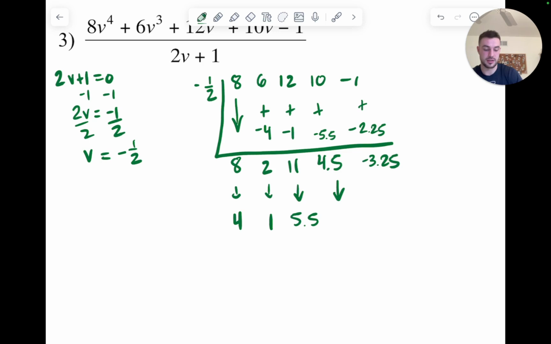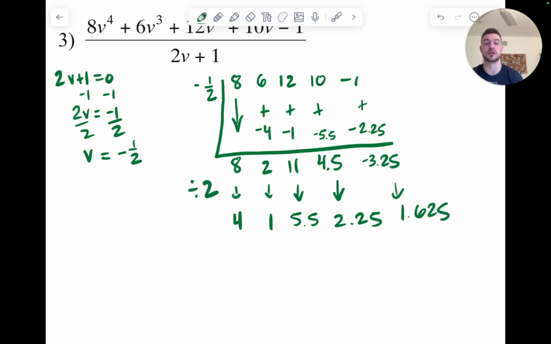We get 2.25. And then this is going to be a negative. 3.25 divided by 2 leaves us with 1.625. So again, a kind of a gross number, but that process still remains the same except for this extra detail.